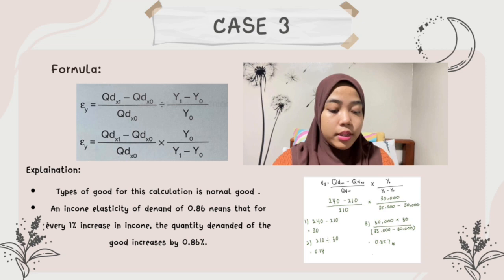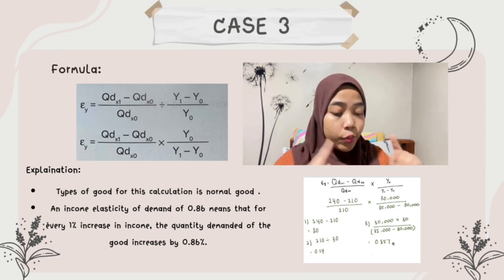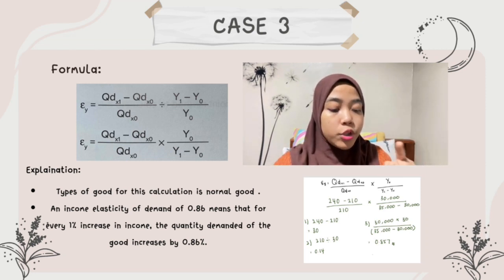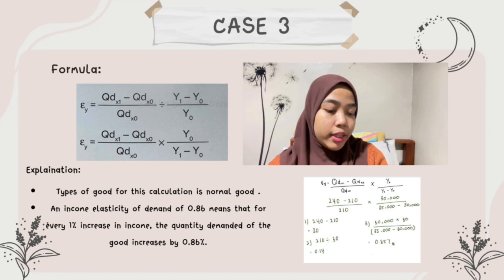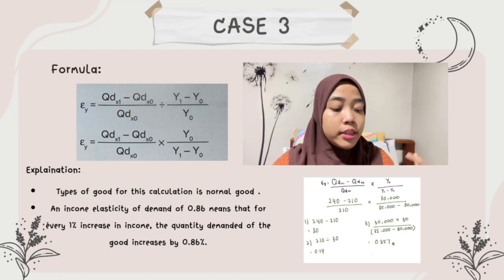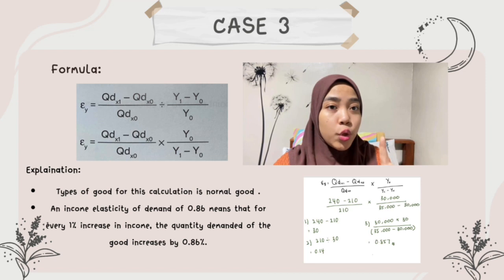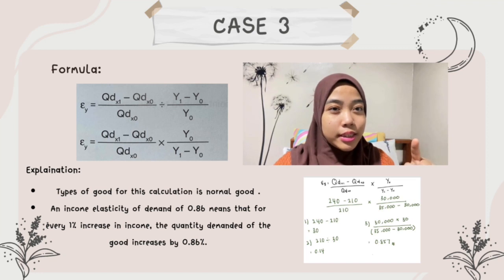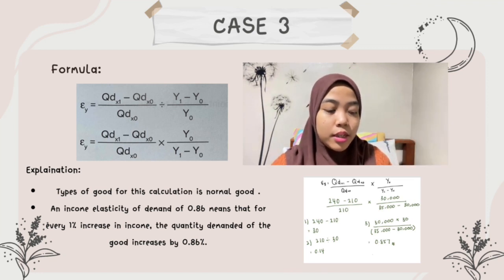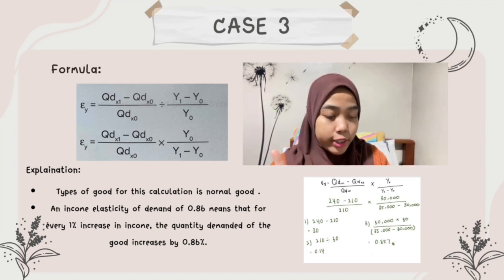In this table, income level is Y, while units is quantity demanded. Quantity demanded X1 is 240, while quantity demanded X0 is 210, while Y0 is 30,000 and Y1 is 35,000.